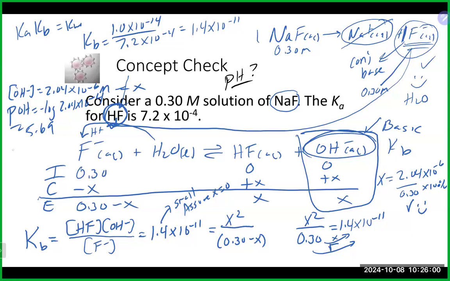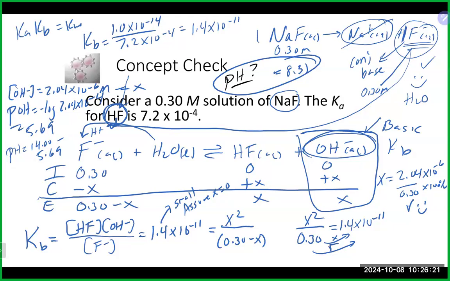So here to get to the pH, we're going to take 14 minus our 5.69. And that will get us here 8.31 as our pH, which is a basic pH and what we would expect in this case.